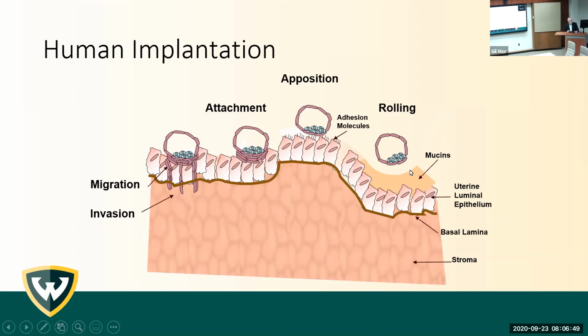So if we look now at this picture, I was mentioning to you that the uterus is not prepared for implantation. And why? Because the uterus, especially the surface epithelium of the lumen, is a mucosal tissue. Similar to what you see in the lungs, in the gastrointestinal tract, or even in the skin. Any mucosal tissue is covered by layers of mucins. It's the mucus.